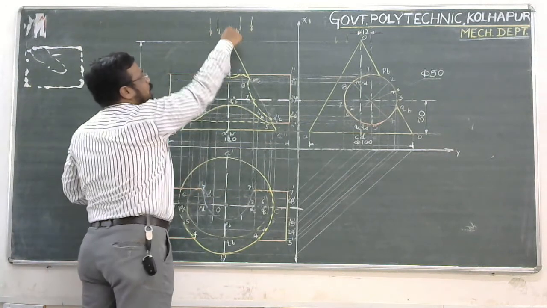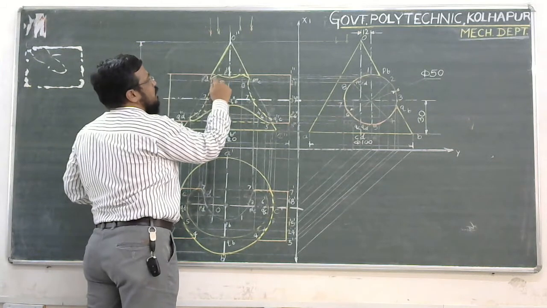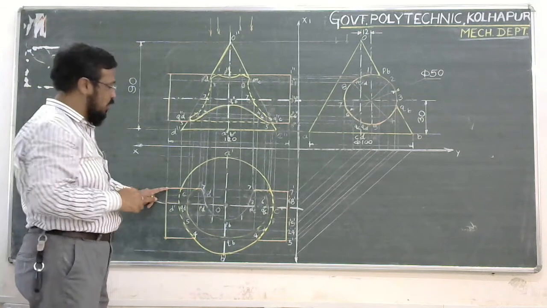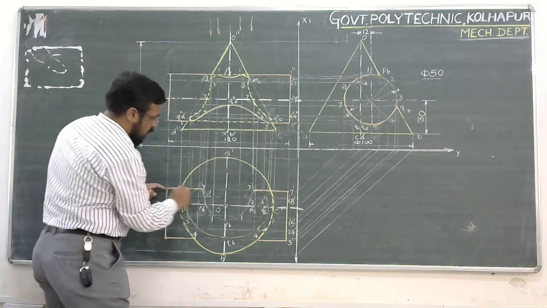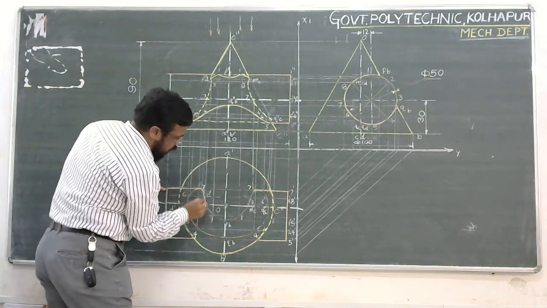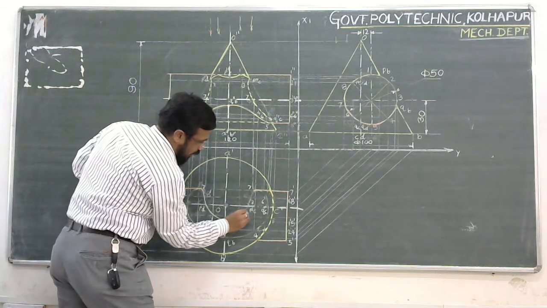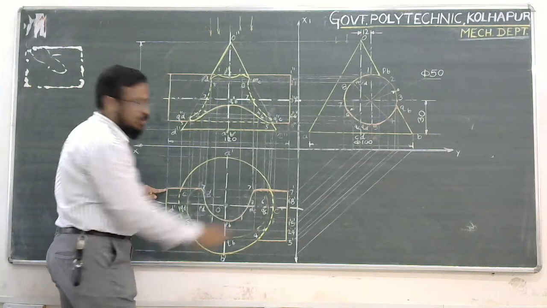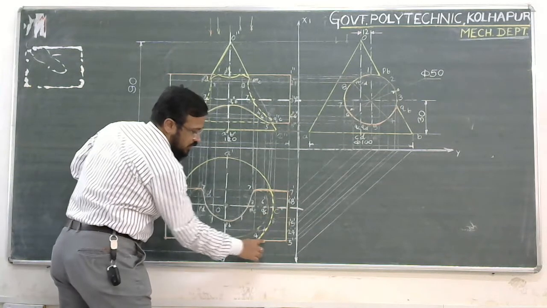And again, if you refer to this point, this part is visible to the observer when observed from the top. So the cylinder's projection from this to point 7 to this part will continue and finish up to here. So this cylindrical portion will be visible up to this point.